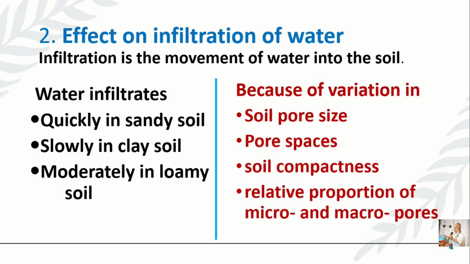Why does this happen? Because of variation in the soil pore spaces, pore size, soil compactness, and relative proportion of micro and macro pores. I would not explain these things again here. I have already explained those under each category of soil.